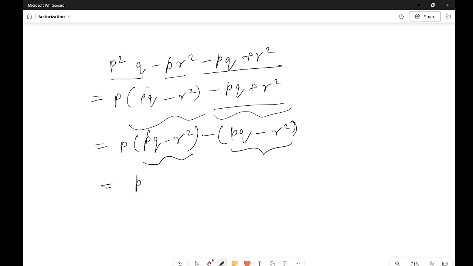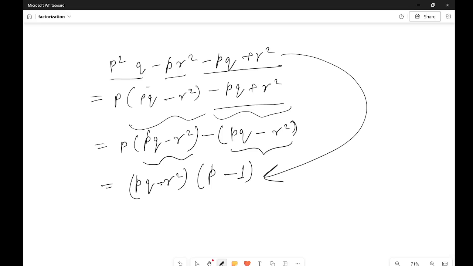So I will take that entire expression as common, pq minus r square. If you take common from the first part, what will we have? p, right, minus, there is nothing remaining here, so it will go as a 1. So the factorization of this expression is pq minus r square, another bracket p minus 1.